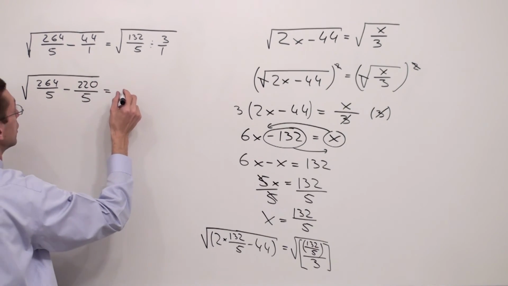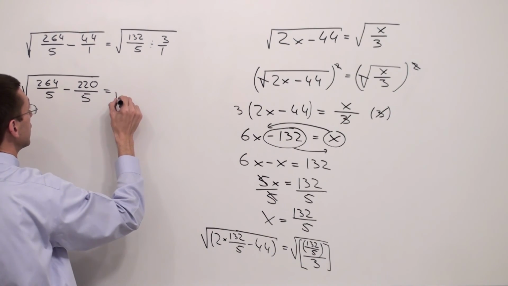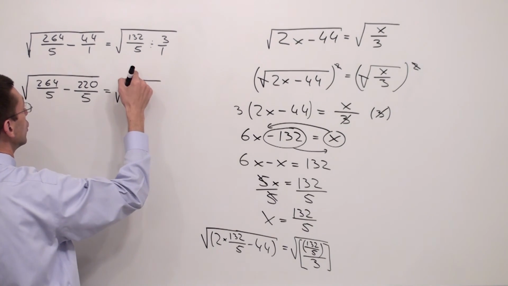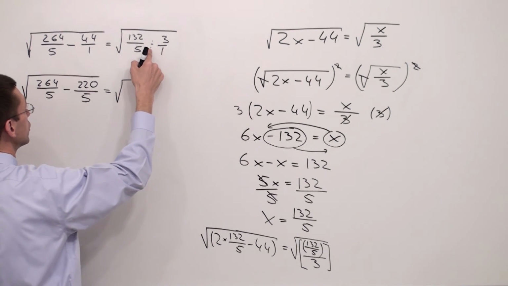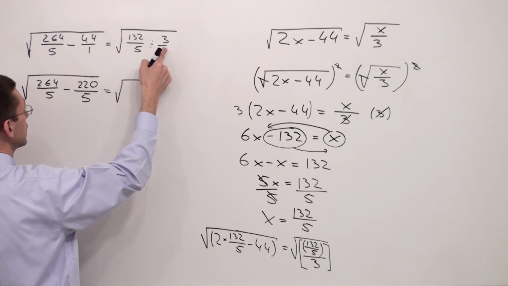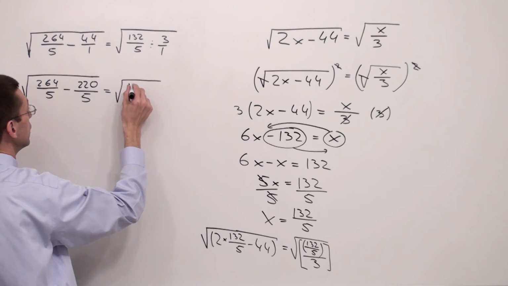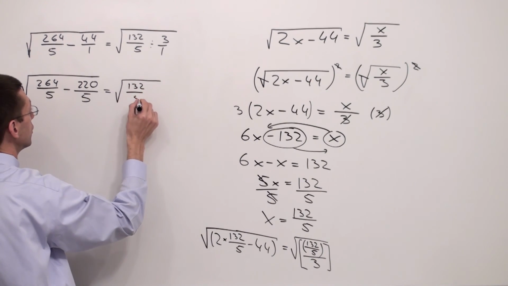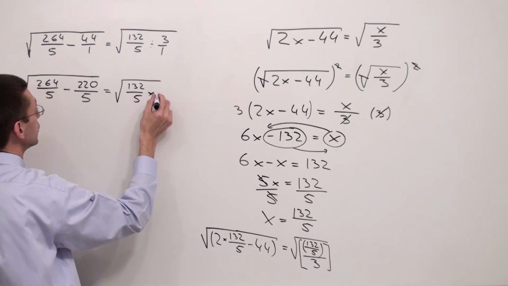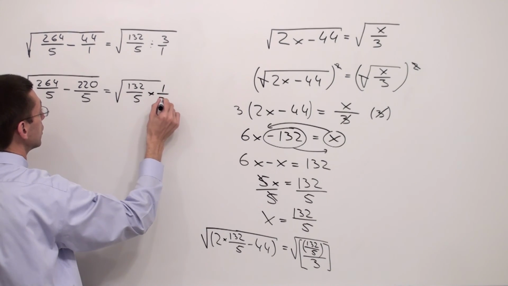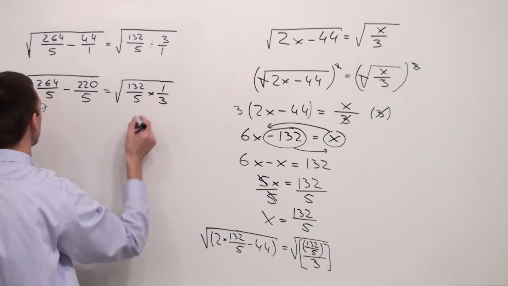Equals, next, in order to divide fractions, I have to convert division to multiplication, and the second fraction has to be flipped upside down. So I have 132 over 5 times 1 over 3.